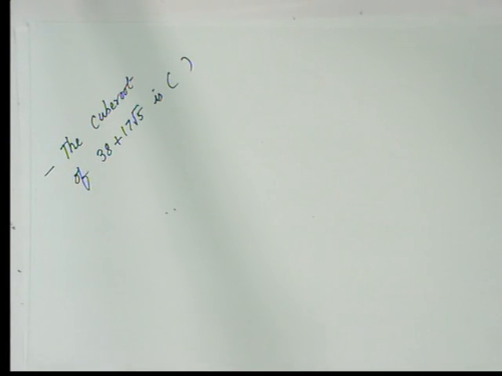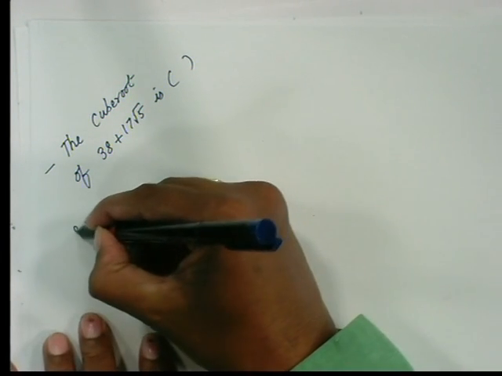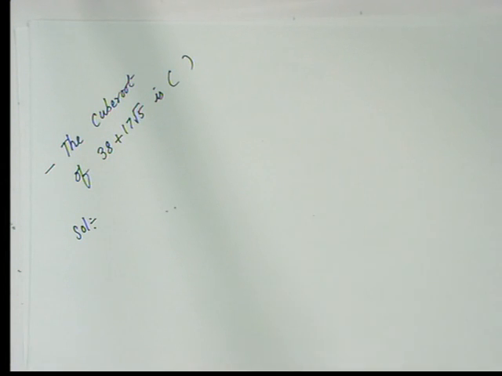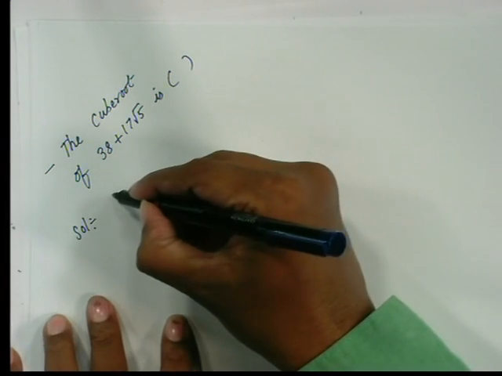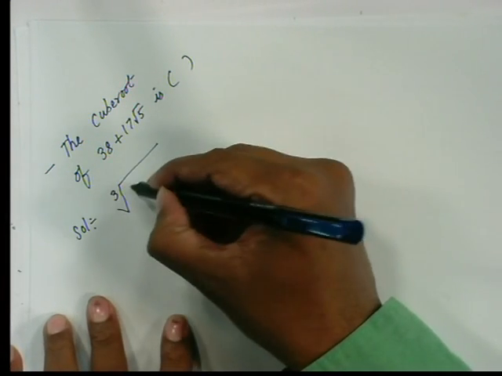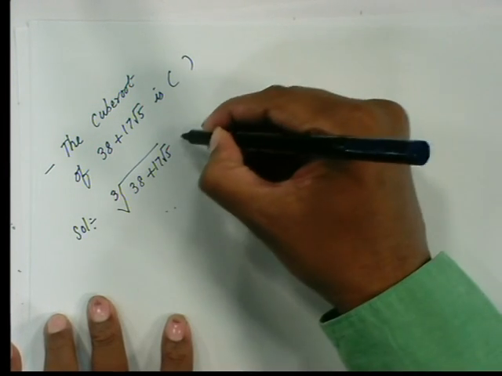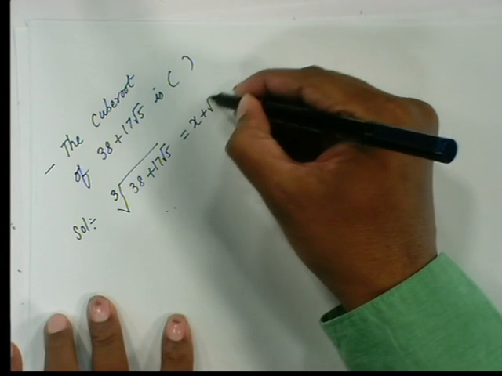So now this one also. Now I am doing it directly. After that, I will compare these three questions simultaneously for your better understanding. This cube root of 38 plus 17 root 5 is equal to x plus root y. Am I correct?